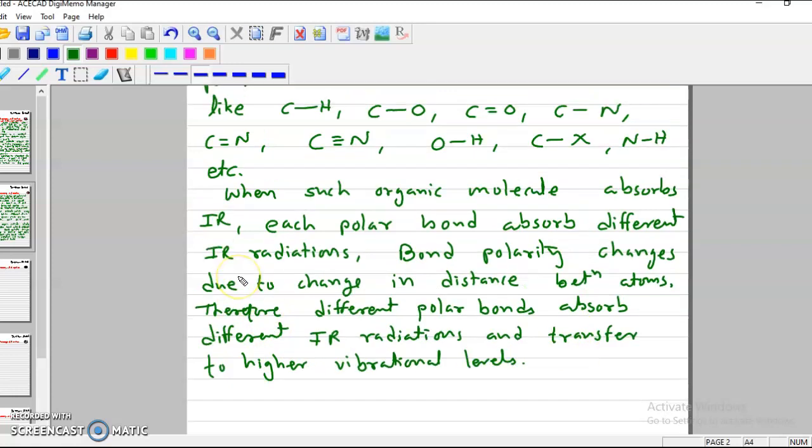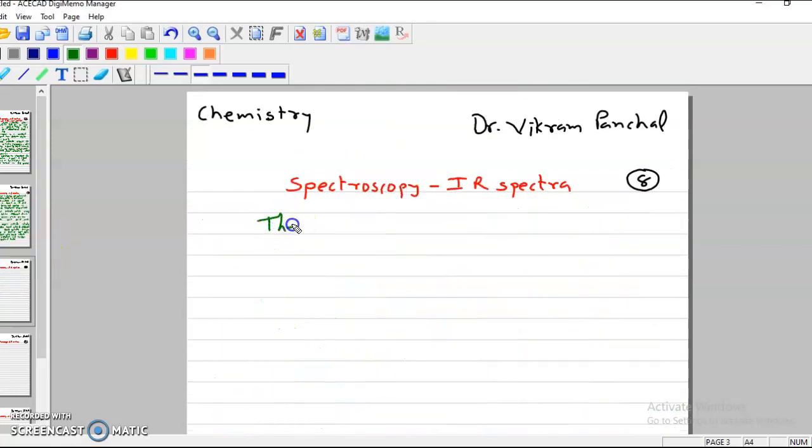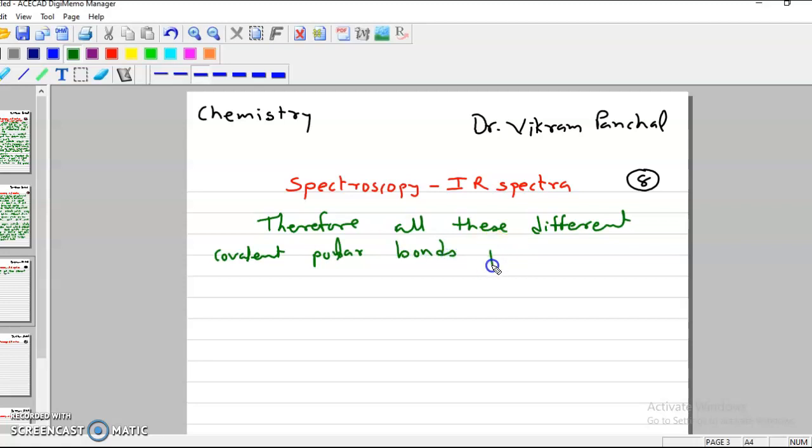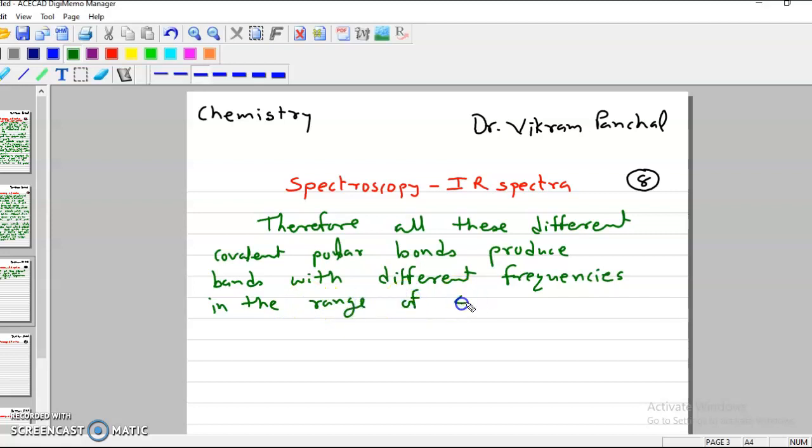Therefore, all these different covalent polar bonds produce bands with different frequencies in the range of 4,000 to 600 centimeter inverse.